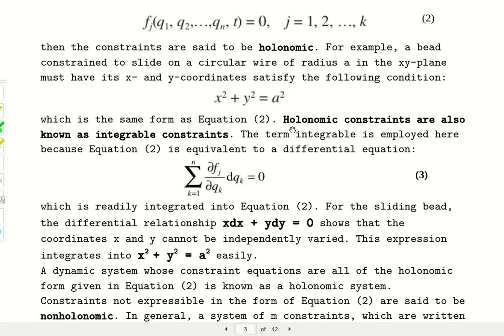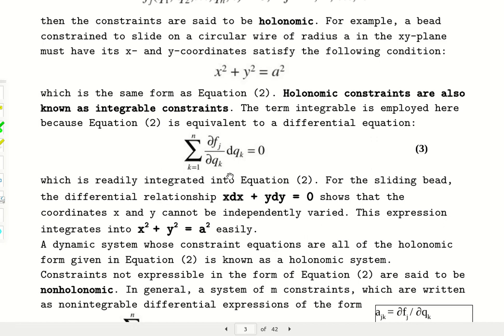Another most important thing is that holonomic constraints are also known as integrable constraints. Why integrable constraints? These are differential forms of constraints. Not always do we have the actual relation between the coordinates. In some cases we may get a differential equation among the coordinates. Let us take an example, x dx plus y dy is equal to 0.